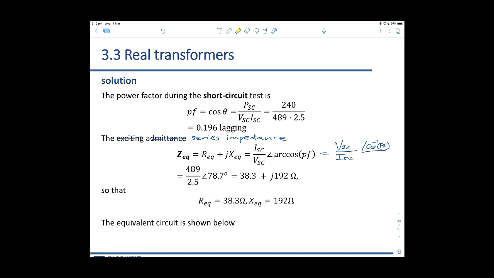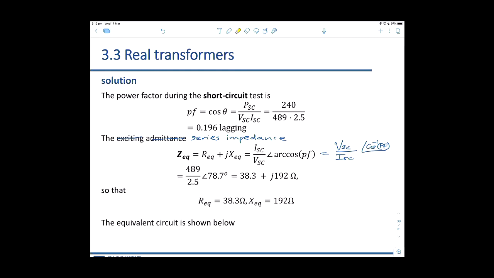Then we can find that impedance, the series impedance by, this is wrong, change it, it should be the voltage on current, right? It's not the exciting admittance, it's a series impedance. So change it, it's the voltage on current, cos inverse power factor, which is that, and then in polar form, and if you turn it to Cartesian form, you have the resistance in the series branch and the reactance in the series branch.